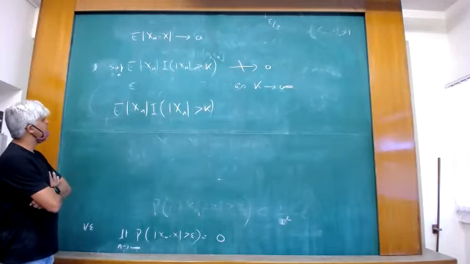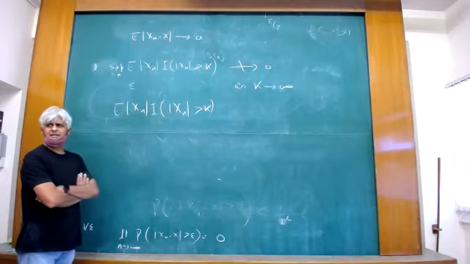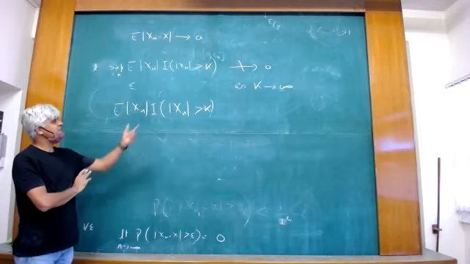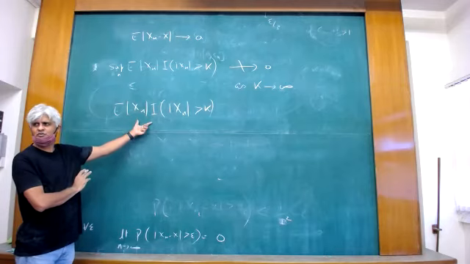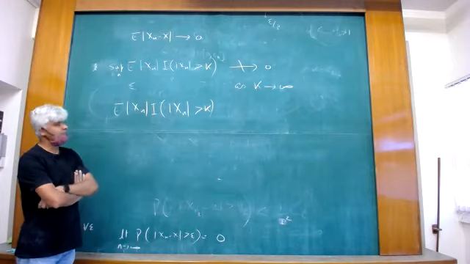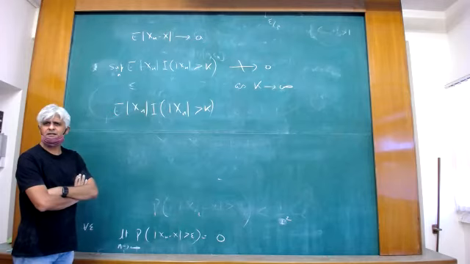But for finitely many n as such, there's no problem. If I want to show that this is less than epsilon, for each random variable I can choose k large enough to be less than epsilon. So for finitely many n things are not going to be an issue. The issue only happens because it has to hold for all the n.